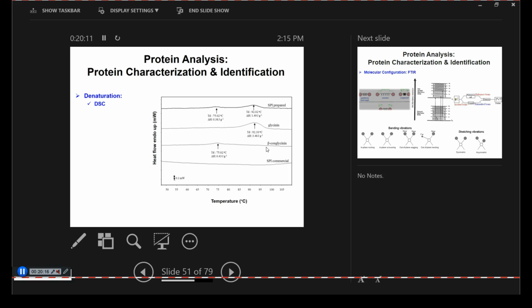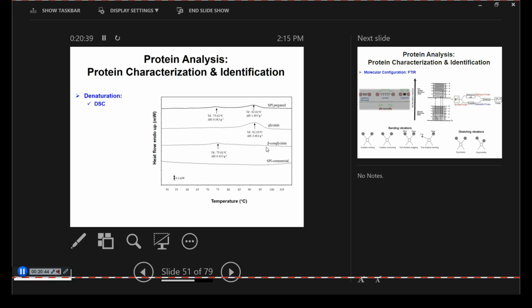So with disulfide linkage, you need higher energy to denature the protein. There's the onset at the beginning of the peak, and then the middle of the peak is the actual denaturation temperature. And it is 75 degrees for one protein and 92 degrees for the other protein.